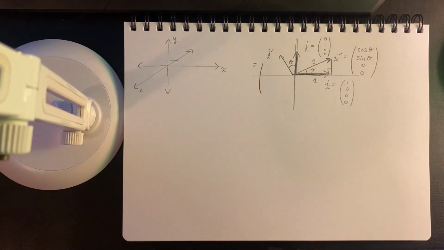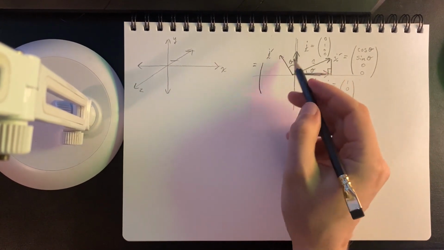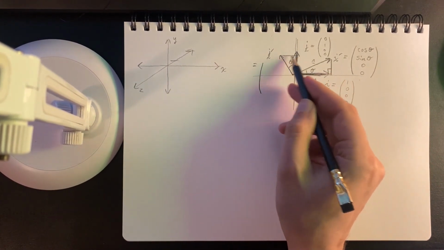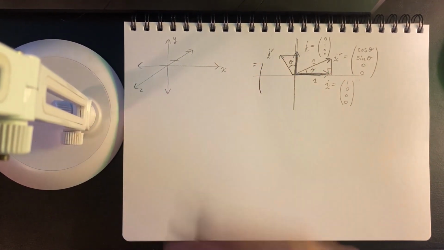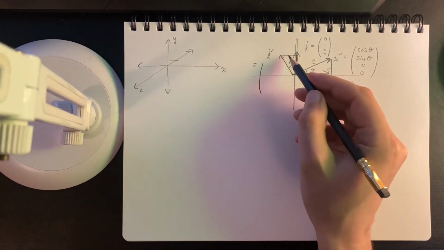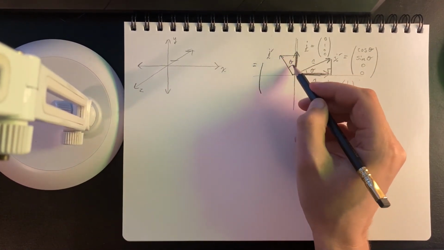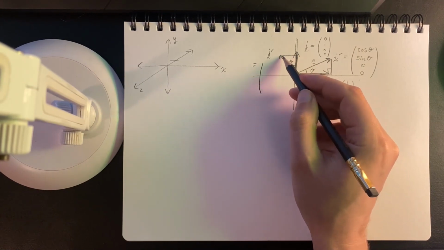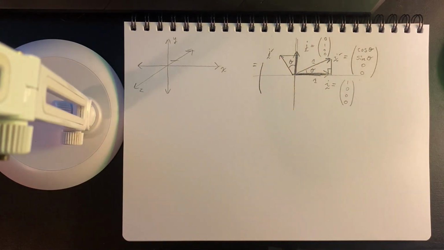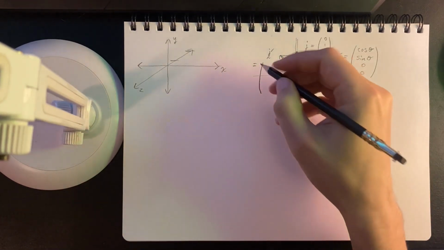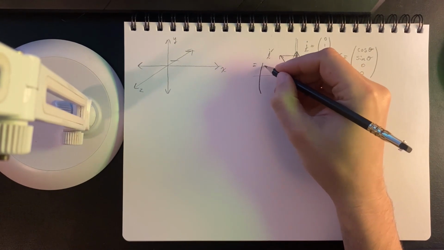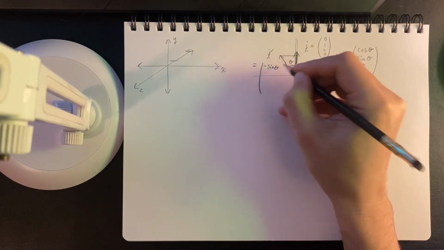Okay, now this is where things get a little funky. For the j dash, the x component of j dash is the opposite side of the triangle. With this orientation, it's actually pushing off into the negative x-axis, if that makes sense. And so we have negative sine theta.